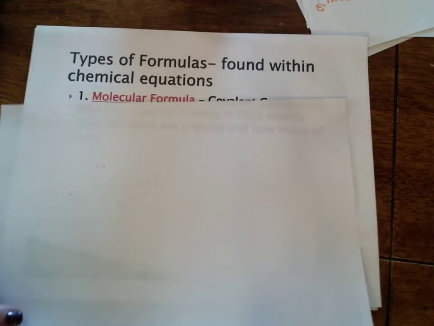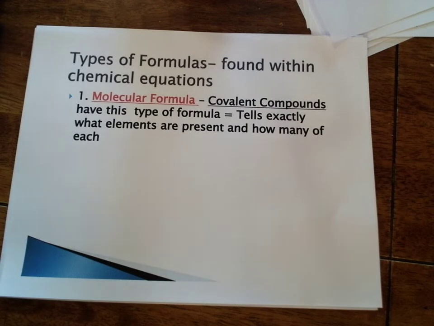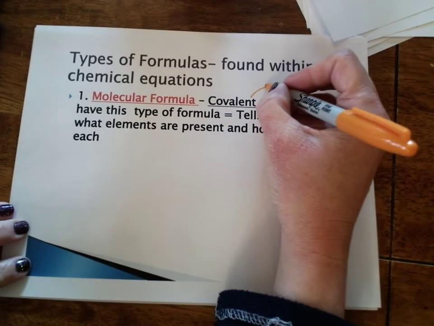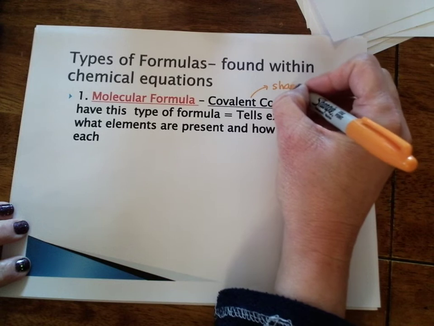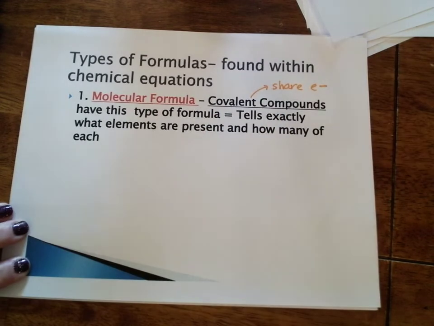But the first type that you need to think about is called a molecular formula. A molecular formula is found within a chemical equation, just like all of these formulas I'm going to go over. A molecular formula always deals with covalent compounds. Compounds that are sharing electrons. Remember, covalent tells you that we are sharing electrons. It tells you exactly what's there and exactly how many of each.